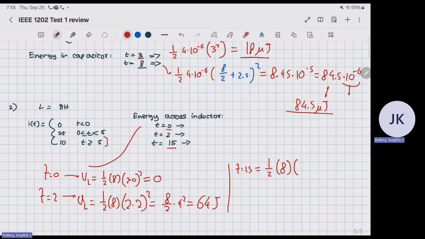So this one says that no matter what t value it is above 5, you return 10. So that's all we'll do. We'll just multiply by 10 and then we'll square it. So that should be 4 times 100, which is 400 joules. And that is how you solve that question.